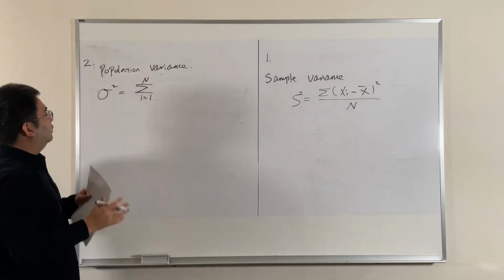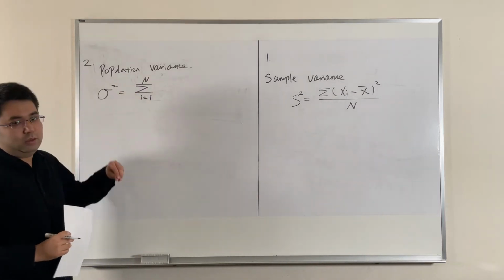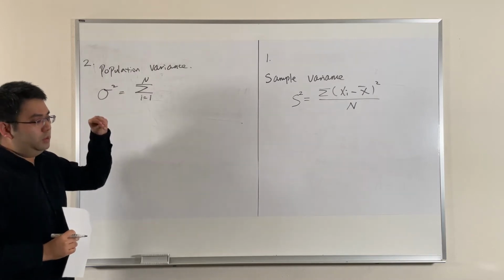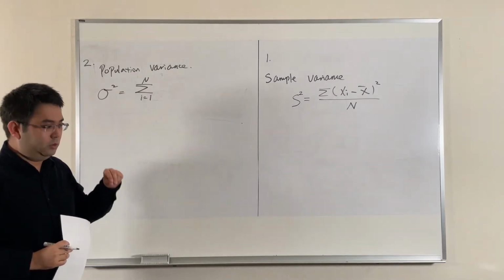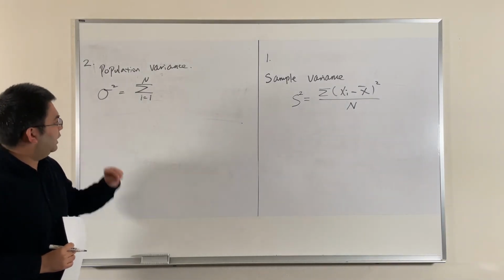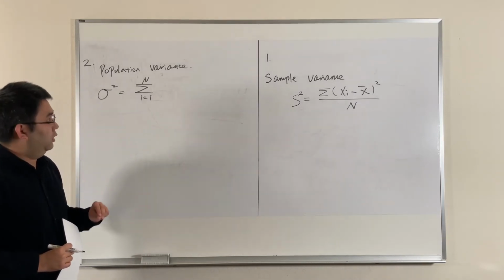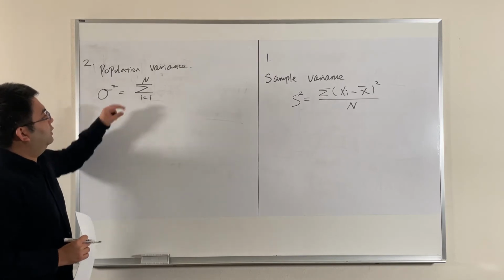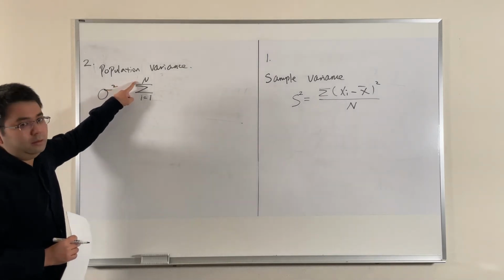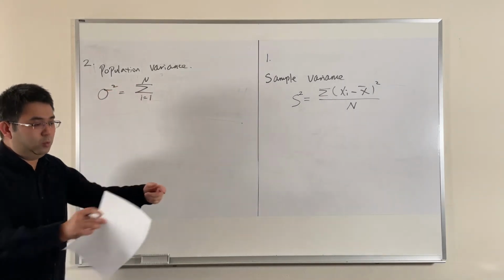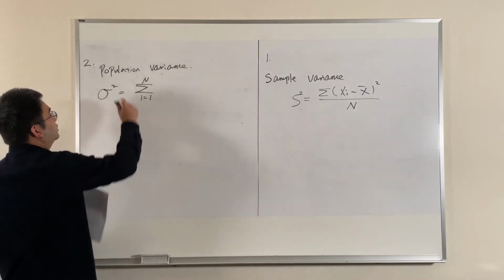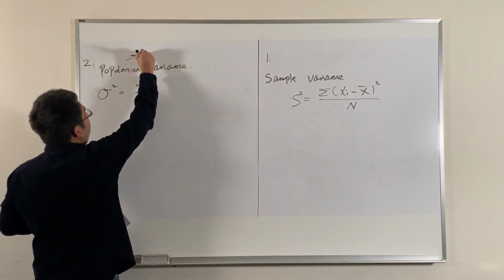Okay, so in this case, we are saying that we know the population, right? So we have to be clear that we assume that we know the population here, and assuming that there are n data points in your population. So we know the whole population.